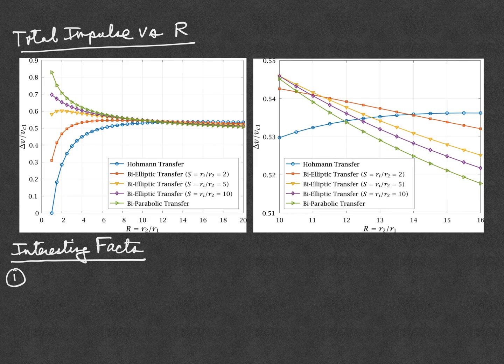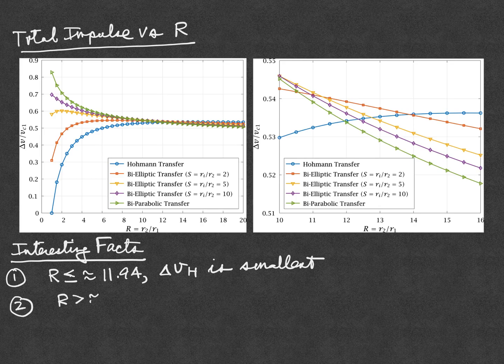First, for R less than or equal to approximately 11.94, the Hohmann transfer has the smallest delta V. Next, when R is bigger than approximately, again, 11.94, the biparabolic transfer outperforms the Hohmann transfer.